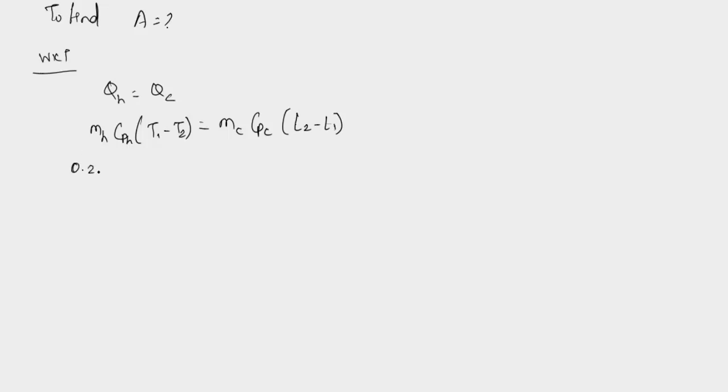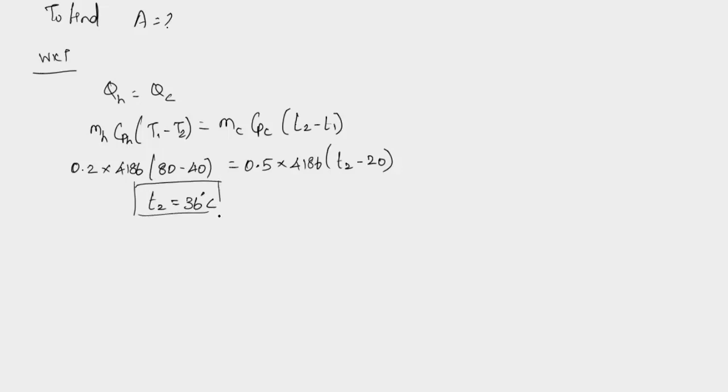Substitute mH as 0.2, and CpH as 4186 because it is water, for which the default value of specific heat is 4186, into 80 minus 40, which equals m dot c, 0.5, into 4186 into (t2 minus 20). The t2 value is not given in the problem. By solving this equation, you can find t2 equal to 36 degrees Celsius. This is the first step in the problem.